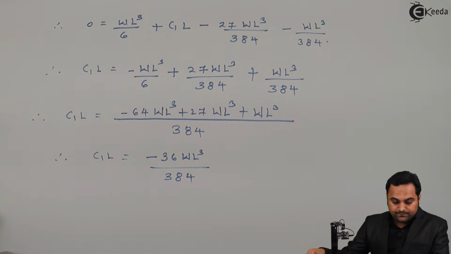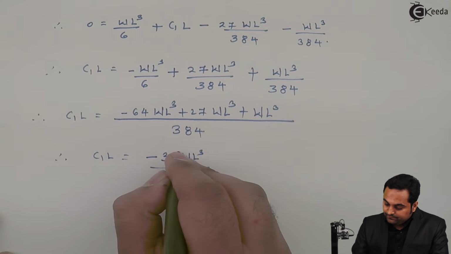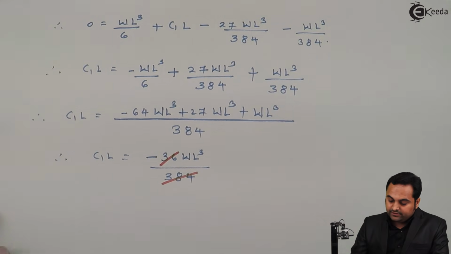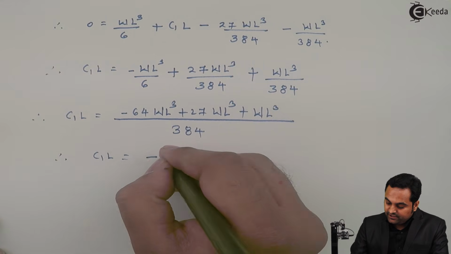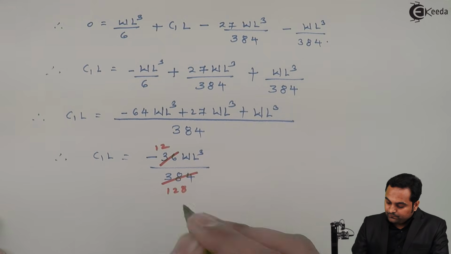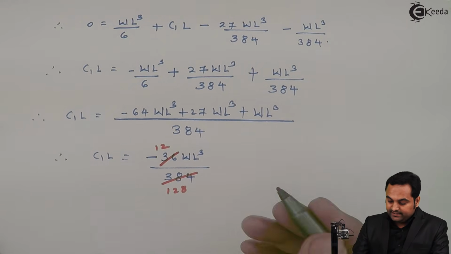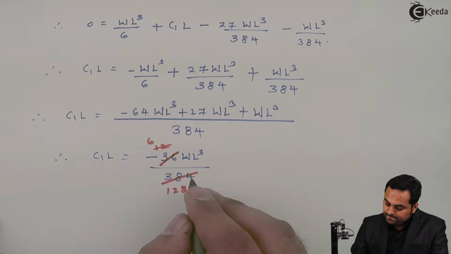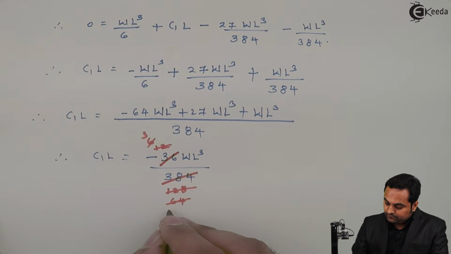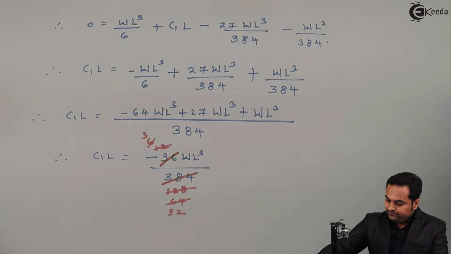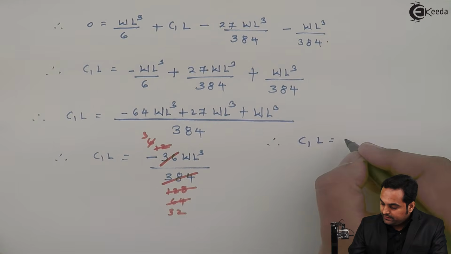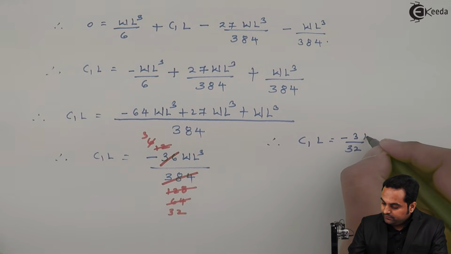Here this will get cancelled out, and first I'll cancel it with 3, so here I have 3 12, and this will be minus 12 by 128, and again if I divide this, therefore after the cancellation, C1 into L is equal to minus 3 by 32 WL cube.